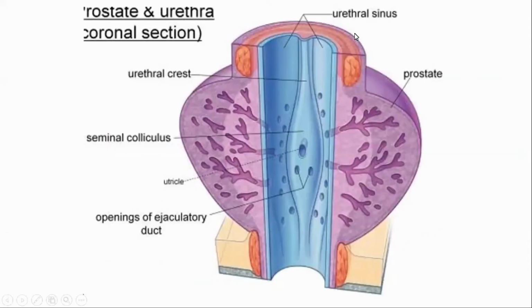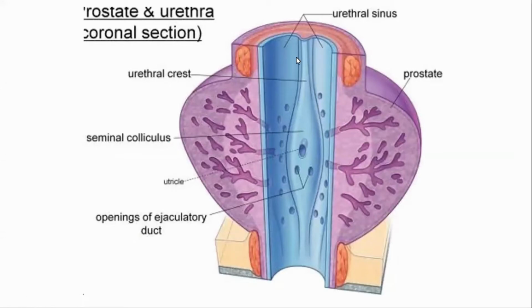On each side of the urethral crest, this is the urethral sinus, where the ducts of the prostate glands open. These are the ducts of the prostate gland. They open in the urethral sinus, and this is the midline circular swelling. This is the seminal colliculus.